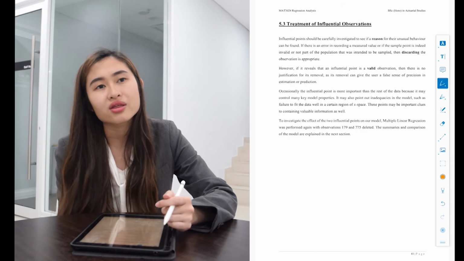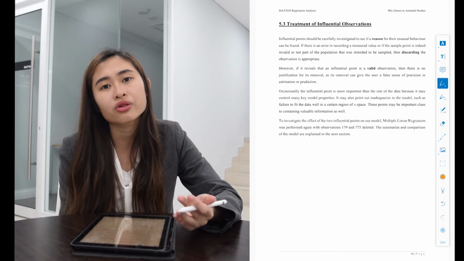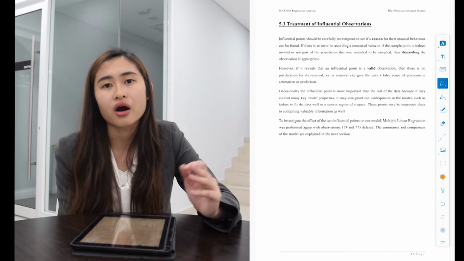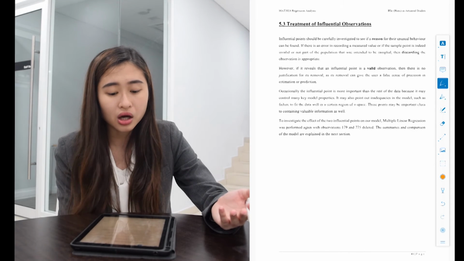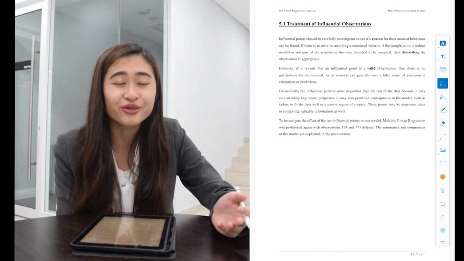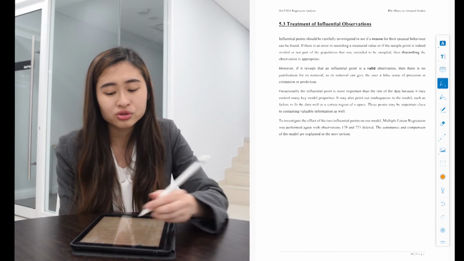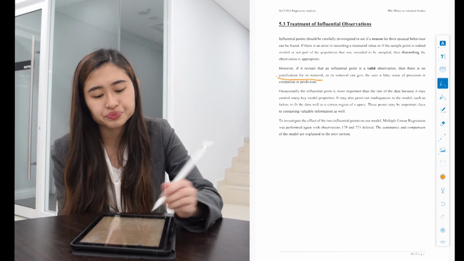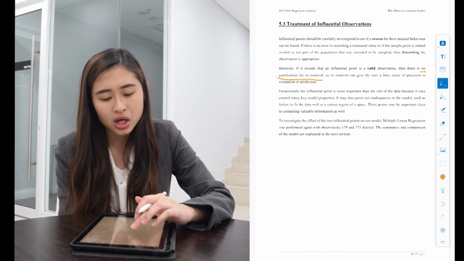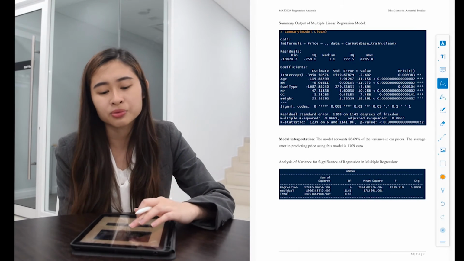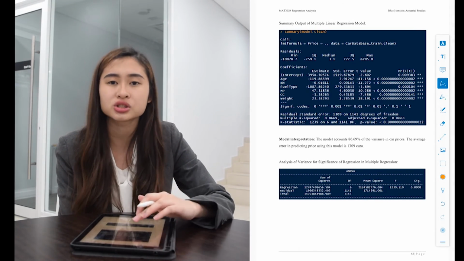Now that we know these 2 points are influential, we want to know whether we should discard them. Not all influential points are bad values. Sometimes they might be valid and there is no justification to remove them. Therefore, we will move on to the next section where we remove these 2 influential points and perform multilinear regression again.